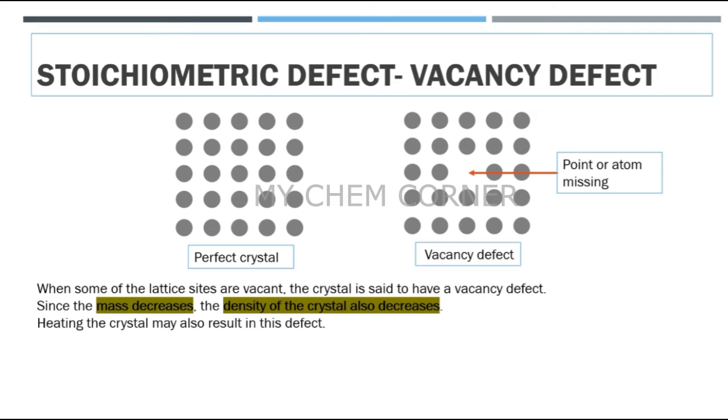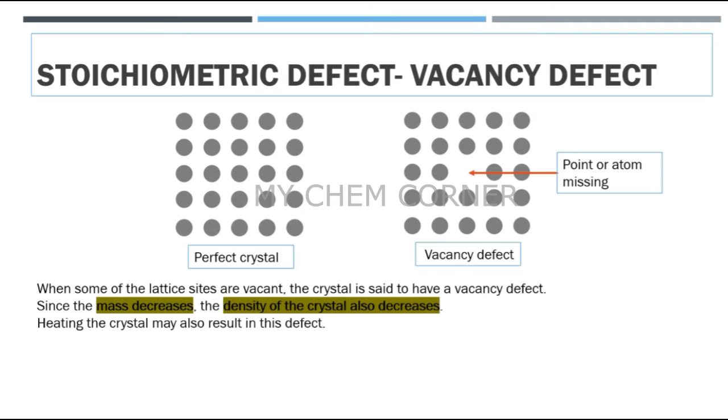Alright, so it's just a basic thing where when you heat, there is a lattice point that's missing, it moves out of the crystal and a vacancy is produced there. Now when this happens, the mass is going to reduce and the density of the crystal is also decreasing. So that's the first type of a stoichiometric defect.